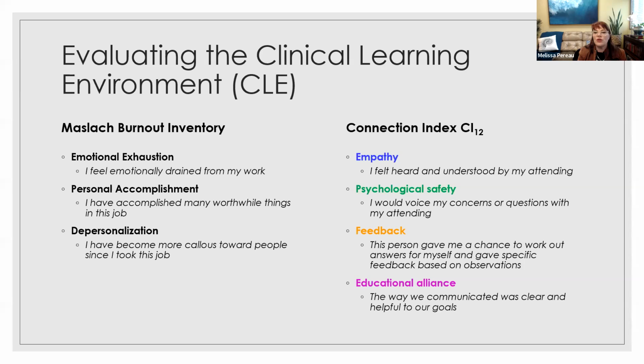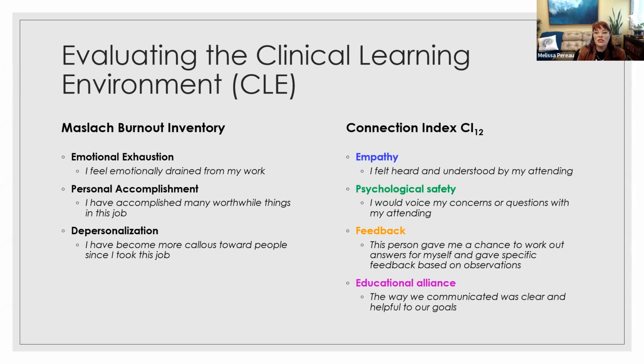Empathy has to do with feeling heard and understood by the attendings that people work with and the residents that students work with. Psychological safety involves being able to speak up and ask questions or have disagreements on things and do that in a way that feels safe and they don't feel that there would be retribution. The ability to make mistakes and feel safe making mistakes and know that you will be given the benefit of the doubt.